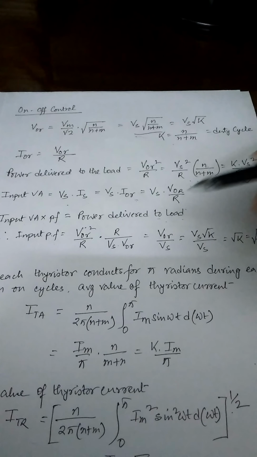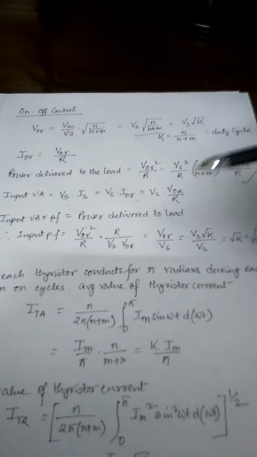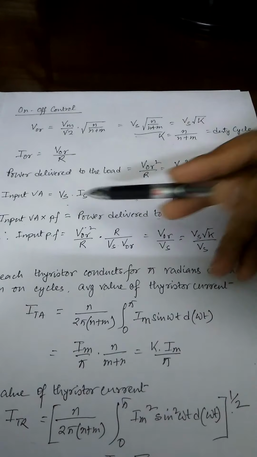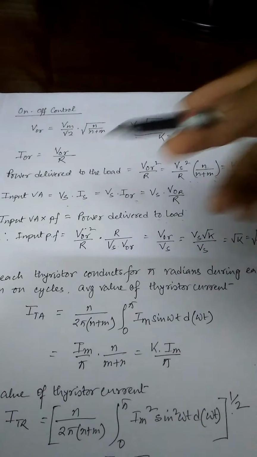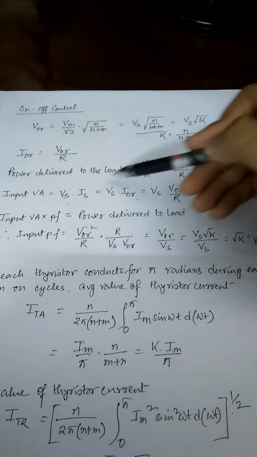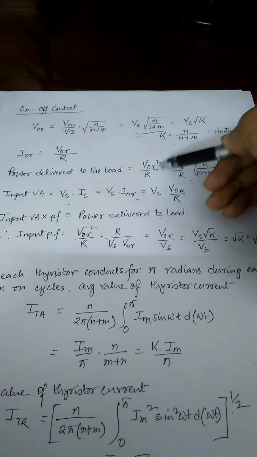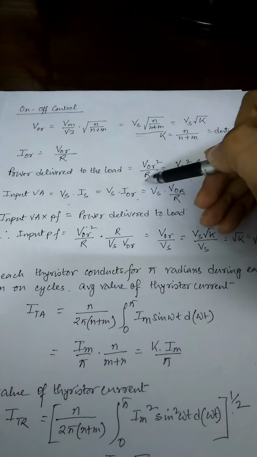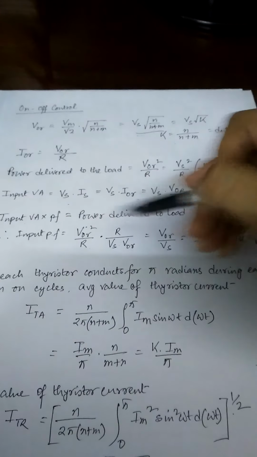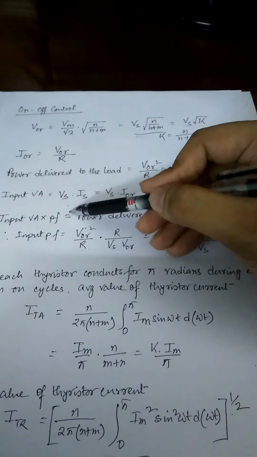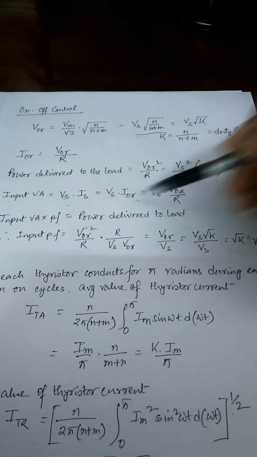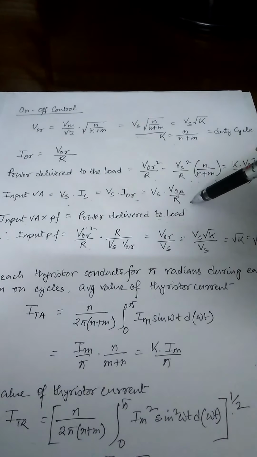So what will be the input power factor? The input power factor will be the power delivered to the load divided by input VA. My input VA is Vs into Is and my power delivered to the load is Vrms square divided by R. So that means Vrms square divided by R divided by the input VA, that means Vs into Is, or that is Vs into V0R by R. Actually we have derived that.